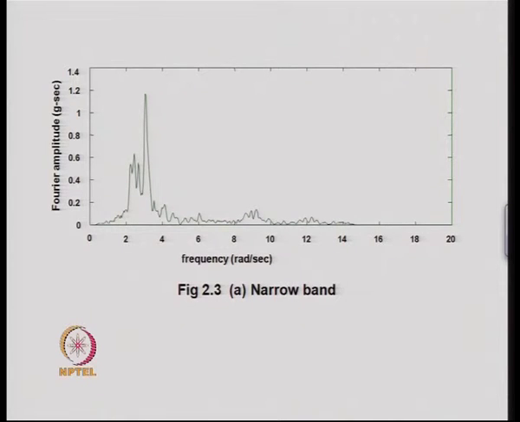This is a Fourier spectrum for a narrow band earthquake, meaning that there is a concentration of frequency within a small band, that is, within a small band of frequency there is a large amplitude of the ground motion or other earthquake measurement parameters.